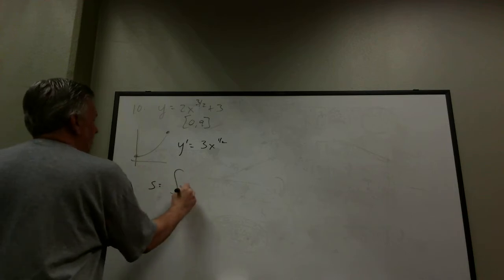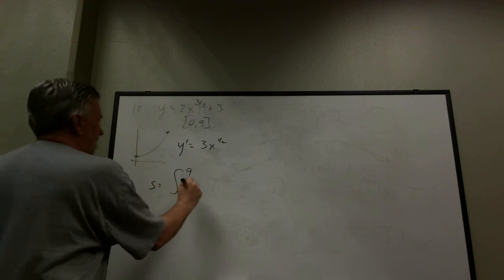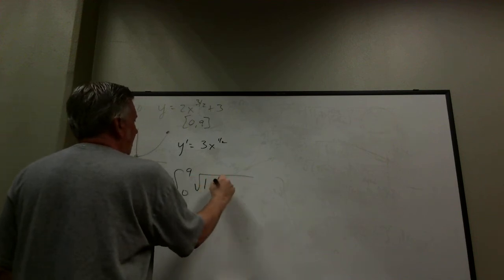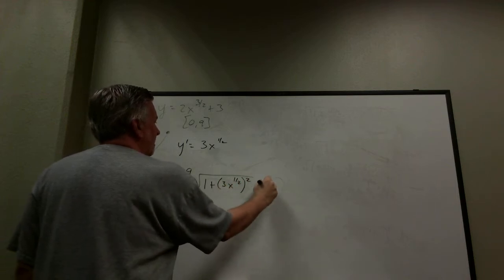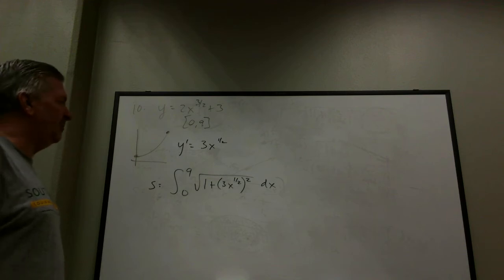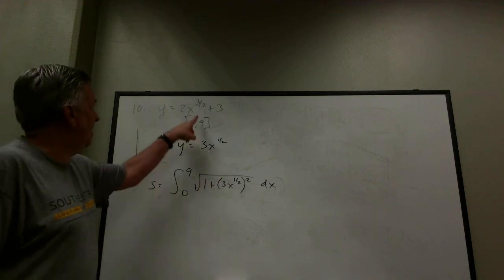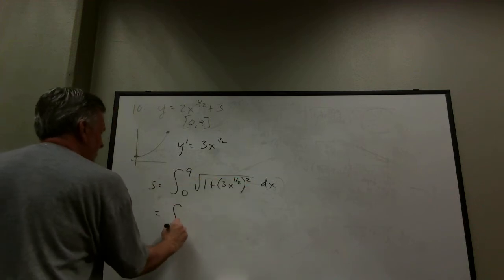That's the integral from 0 to 9 of the square root of 1 plus the derivative, 3x to the 1 half, squared. Well, I'm just using the formula we just found. Remember, it's not the original function squared, it's the derivative squared. Okay, so let's keep going here.